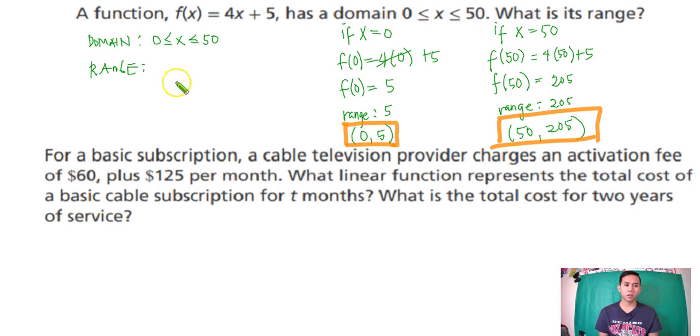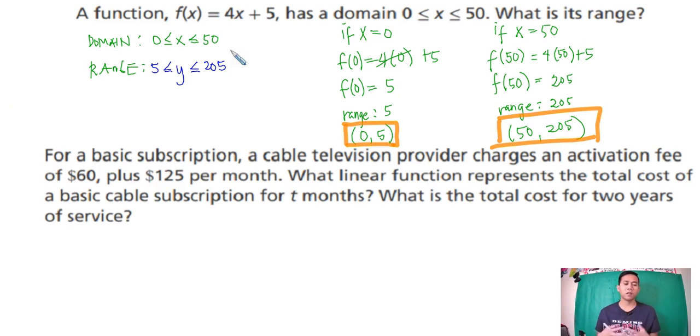So your range here is that your y, I'll be using y as the range, must be greater than or equal to 5, but less than or equal to 205. So all of the domain in between will have one range that we have there.